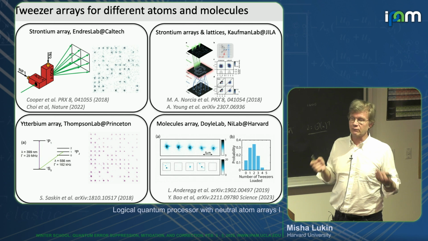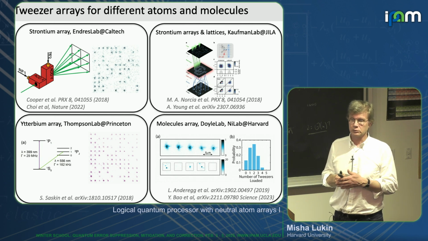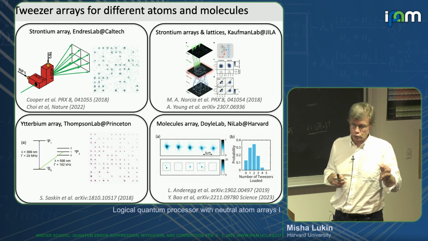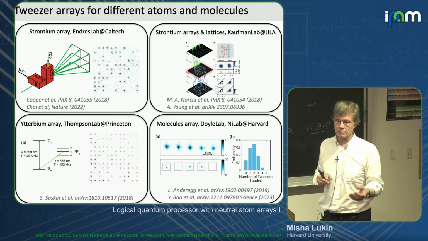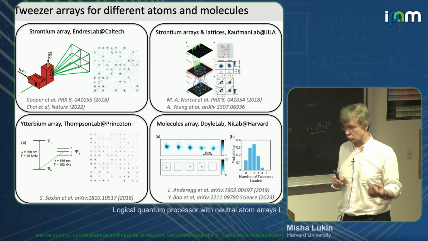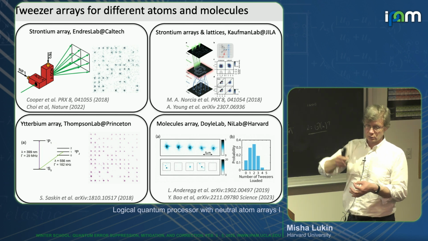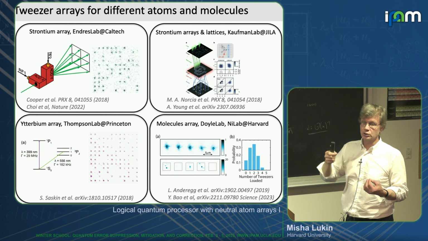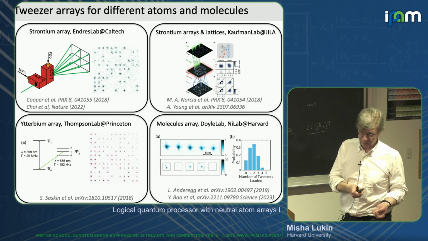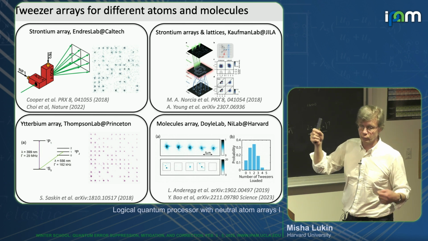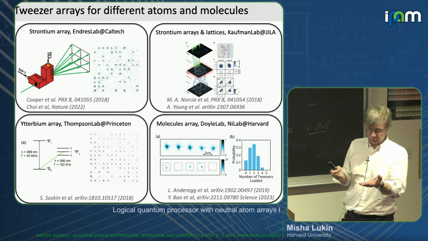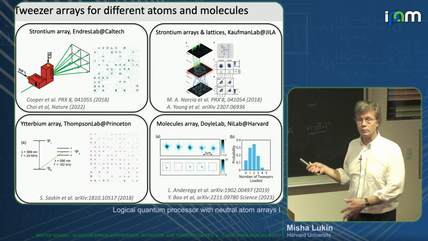At the same time, there are some things you can do with alkaline earth atoms which you cannot do with rubidium atoms. For example, if you want to use these things for metrology, you would really like to have a long-lived optical transition, which alkaline earth atoms have. In particular, strontium has a super long transition, which is now used for atomic clocks, which rubidium does not have.